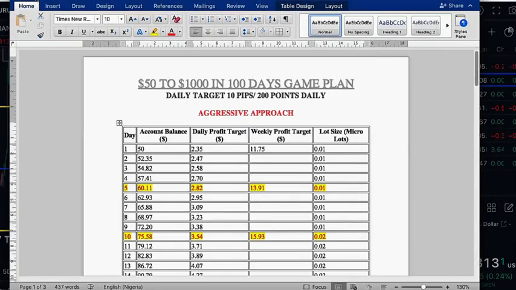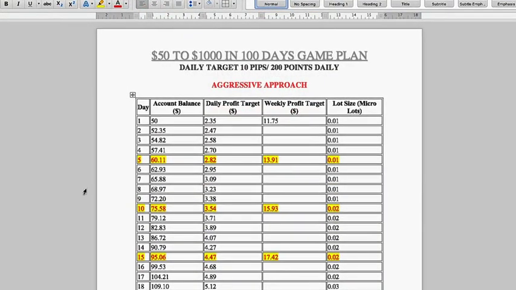Now, in the aggressive approach, you will start the account with $50 and your daily target will be 2.35. So at the end of the week, you'll be ending the week with an 11.75 balance. Okay, and your lot size will be 0.01. It depends how you want to see it.